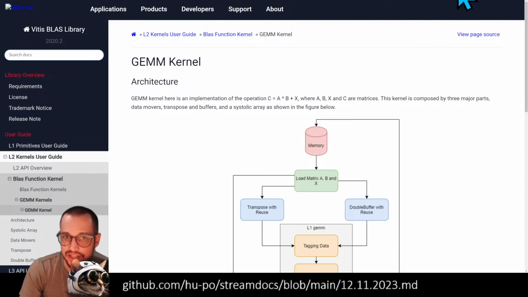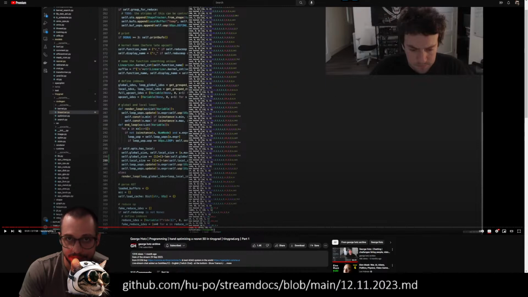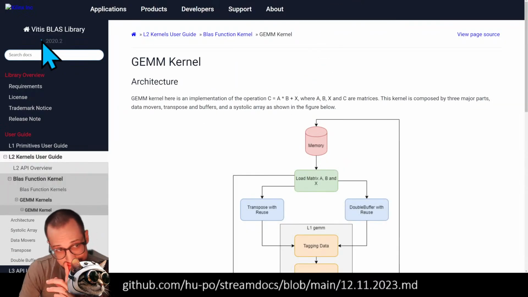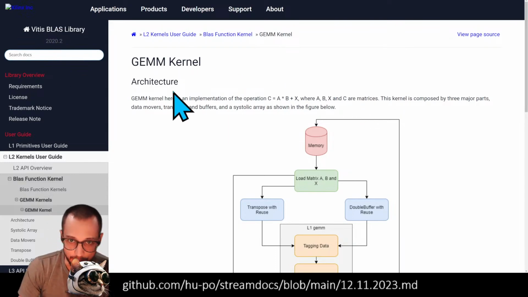BLAS stands for Basic Linear Algebra Subprograms or something like that. But if you're doing a matrix multiply, this is largely what's happening.